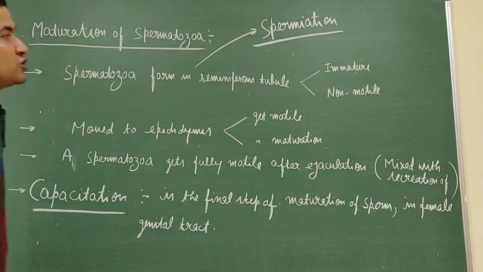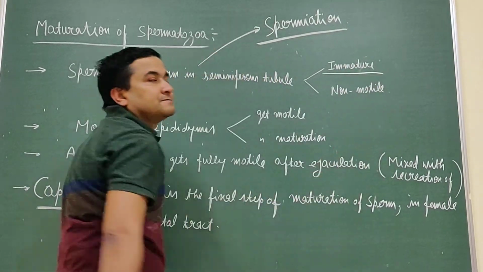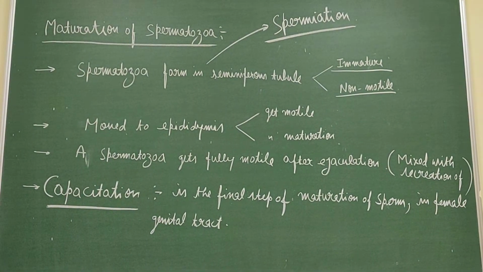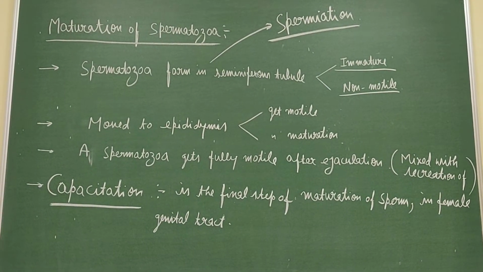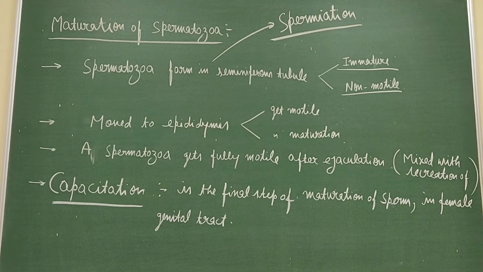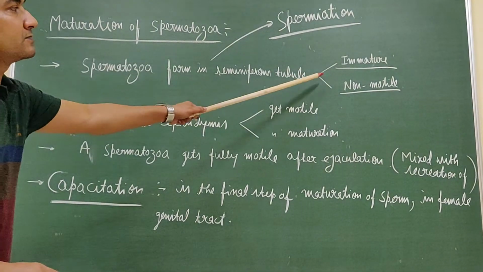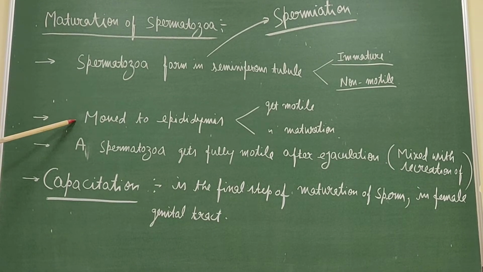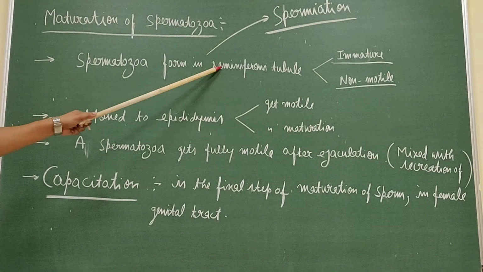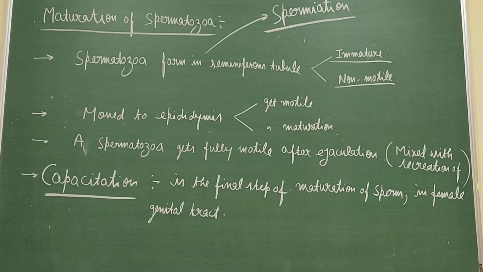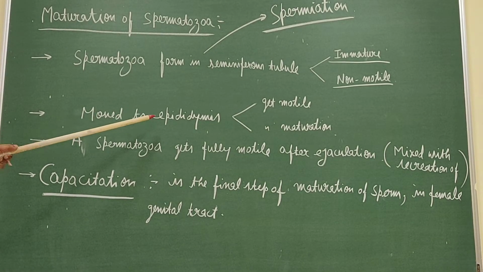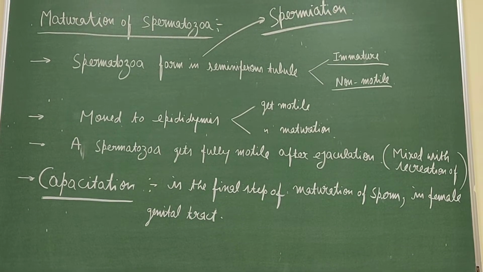Now, this spermatozoa is immature and non-motile. At this stage, it is not capable of fertilizing an ovum. Now, this spermatozoa moves from the seminiferous tubules to the epididymis. In the epididymis, it is moved by the flow of the fluid as well as the suction pressure.